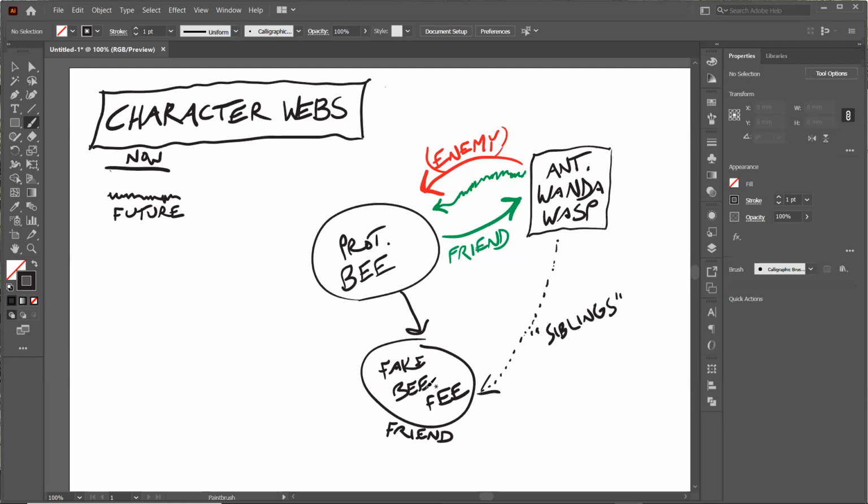And if she tells it, then Fee will be thrown out of the school. Yeah, something like that. I can't stop laughing at the "could it be?" Could it be that the fake bee wouldn't be a bee?